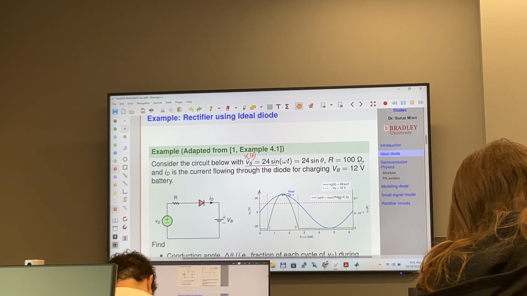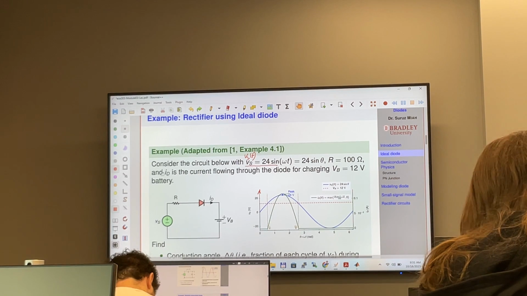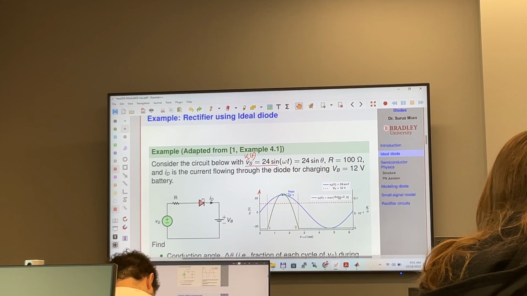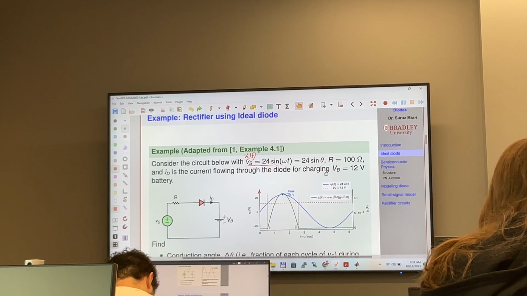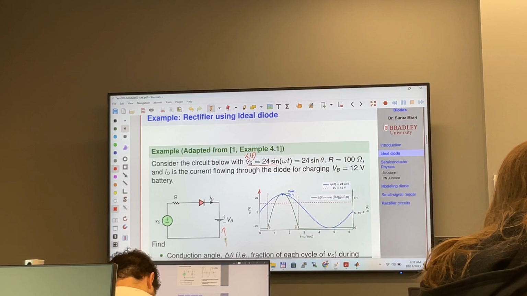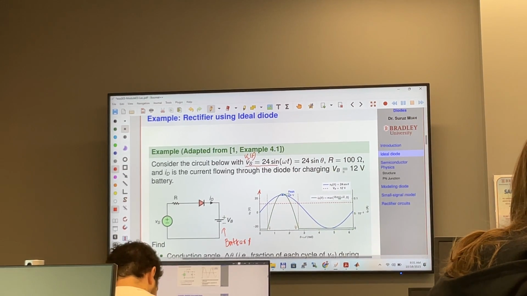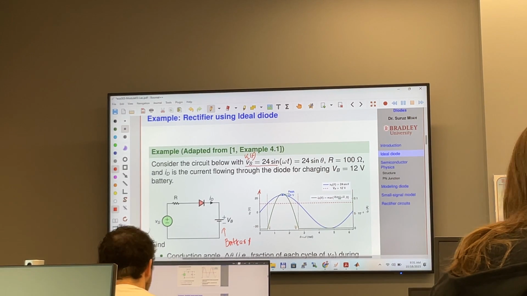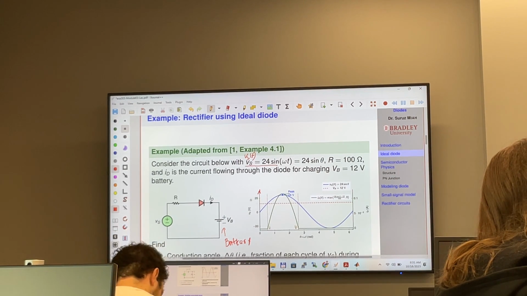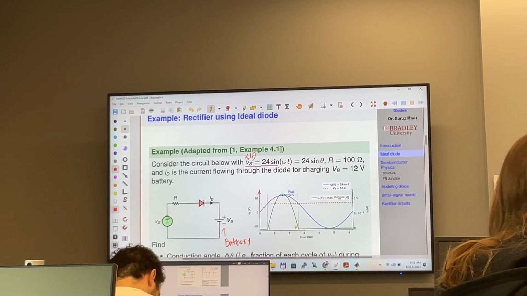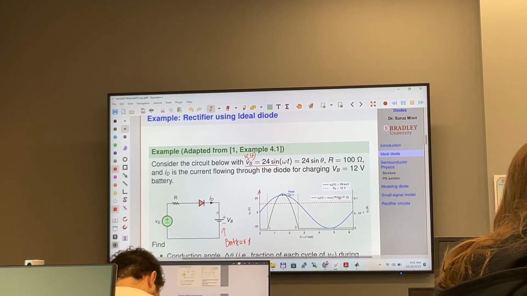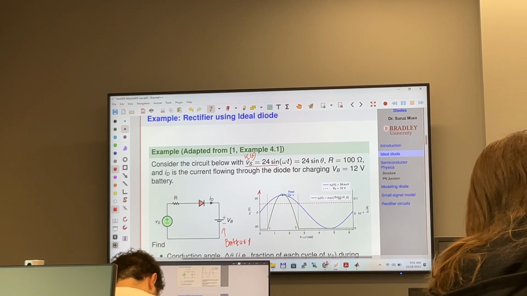R here is 100 ohm, and I_D is the current flowing through this diode. This is for charging a battery, so here you have this 12 volt battery that we are charging using this AC signal.